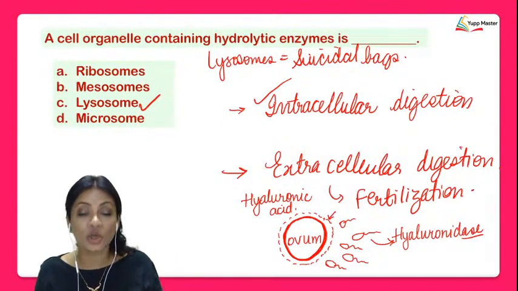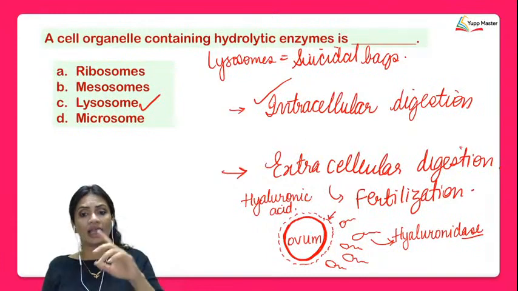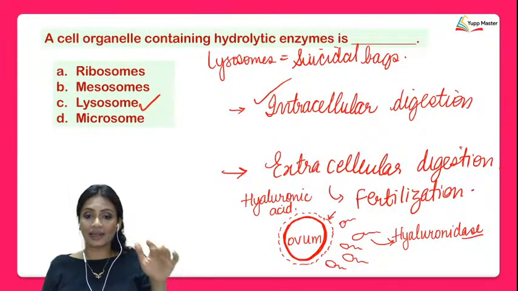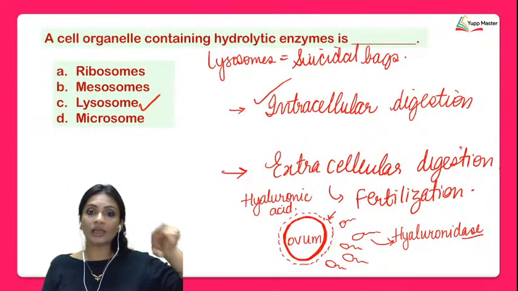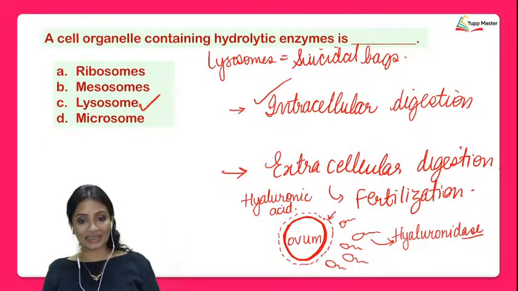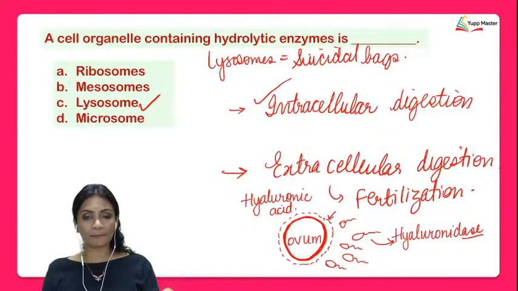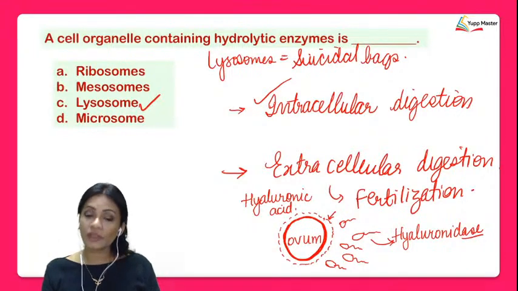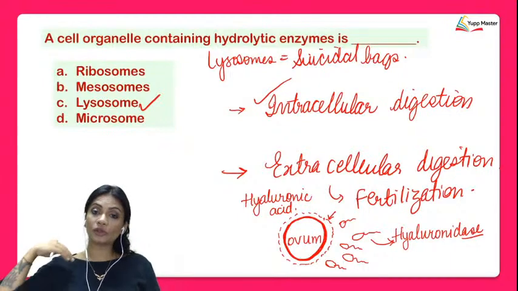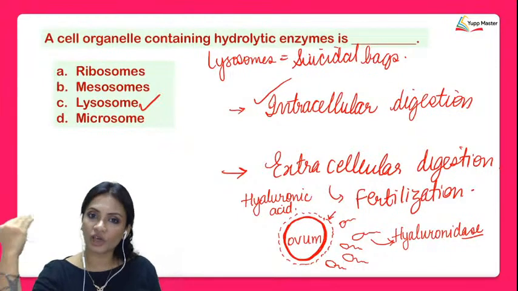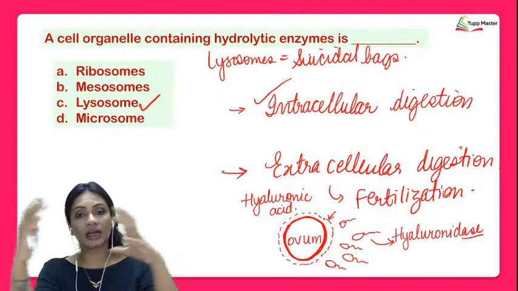Did you understand this? Who is secreting hyaluronidase? It is the sperm. And what is it going to break down? The layer of hyaluronic acid around the ovum. Now this is a perfect example where lysosomes in the sperm are releasing an enzyme which is not going to work on the sperm but on a part in and around the ovum.